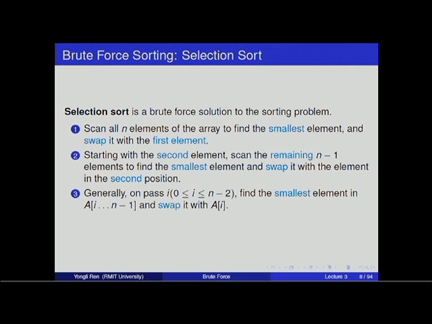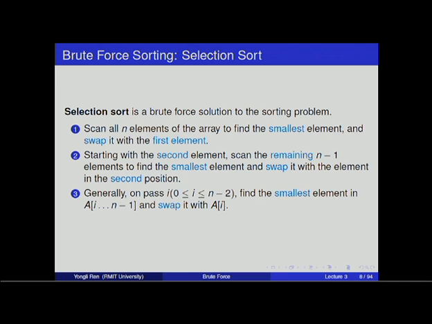So instead of ordering across all those elements, we do one element sorting at the moment. We always find the smallest value in the current set of values, take it out, and put it in the first position.